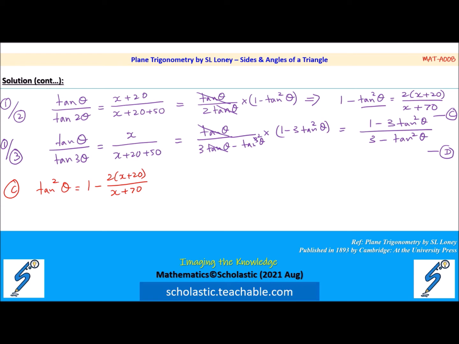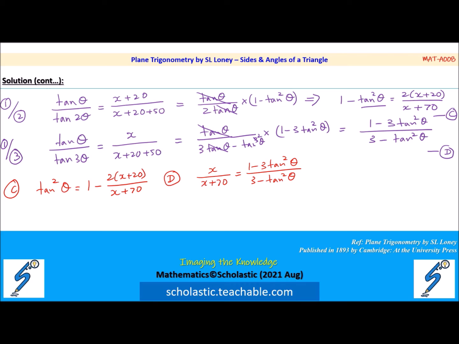From equation D, let's try to simplify further. From equation D, we can see that x over (x plus 70) is equal to (1 minus 3 tan square theta) divided by (3 minus tan square theta).